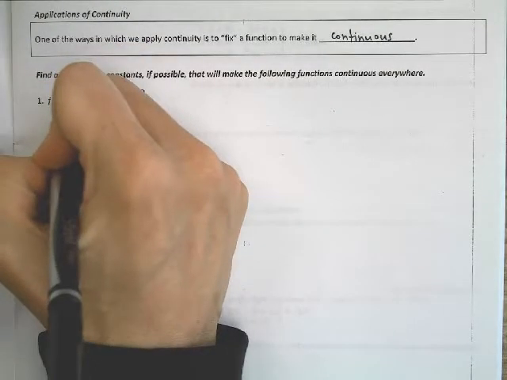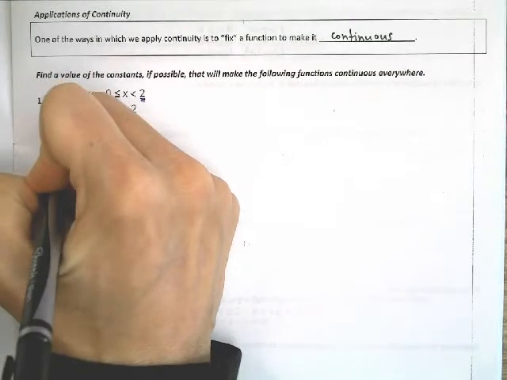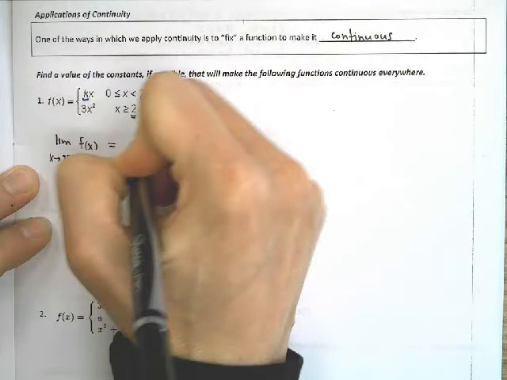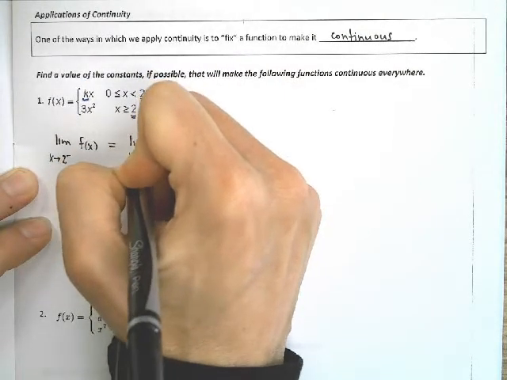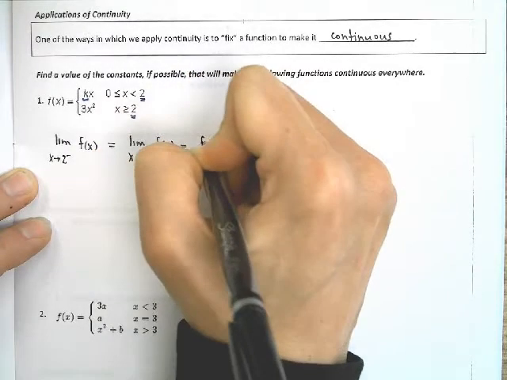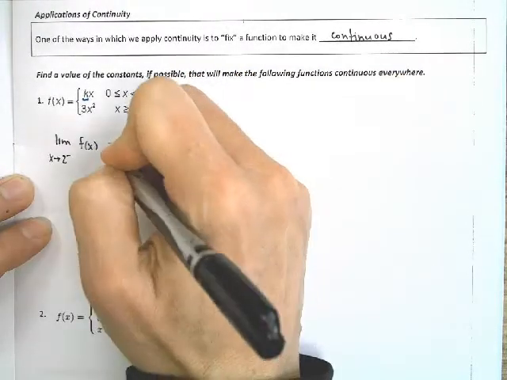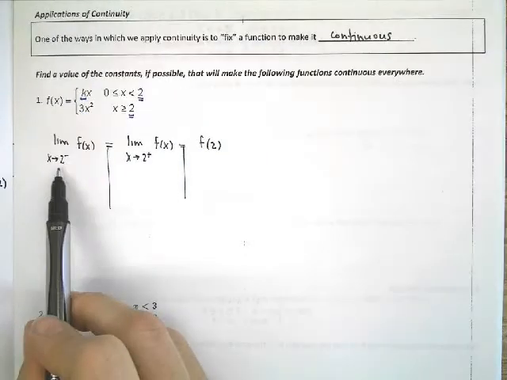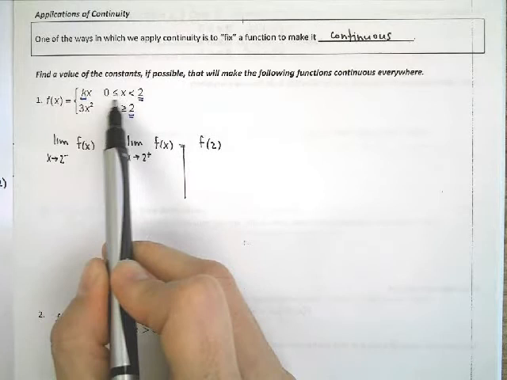So I know for this to be continuous, again, I have 3 criteria. The limit as x approaches 2 from the left must be equal to the limit as x approaches 2 from the right, and that better be equal to f of 2. So let's see what we can fill in here. 2 from the left tells me I'm on this piece here.